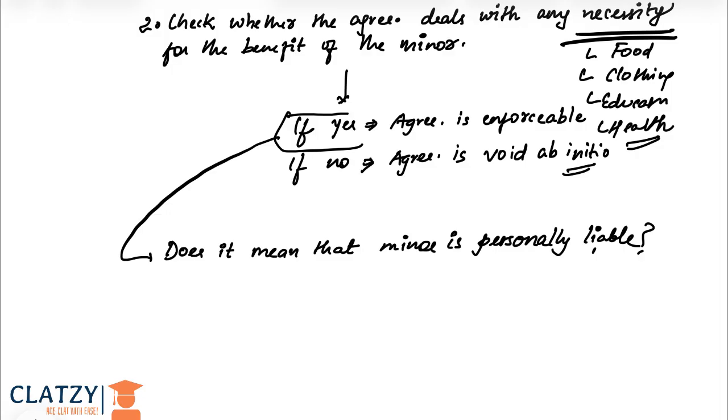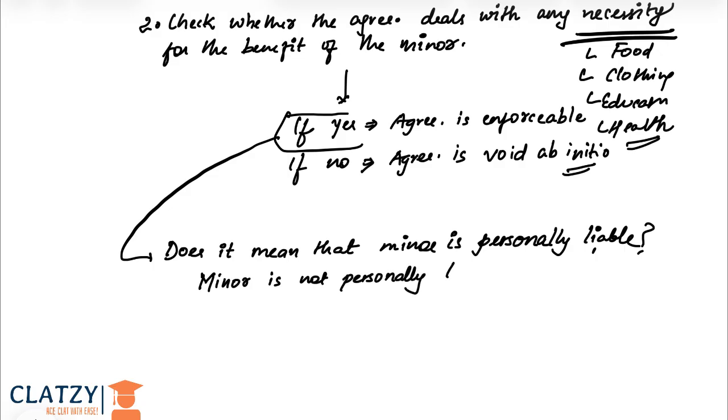All right. So they give admission to the orphan. What if the orphan refuses to pay the fee later? Will the orphan be held personally liable? In this scenario, when the agreement is enforceable due to necessity, even though the agreement is enforceable, minor is not personally liable.